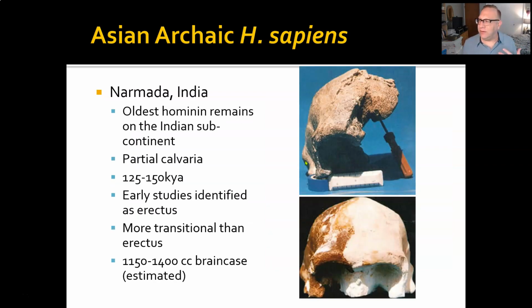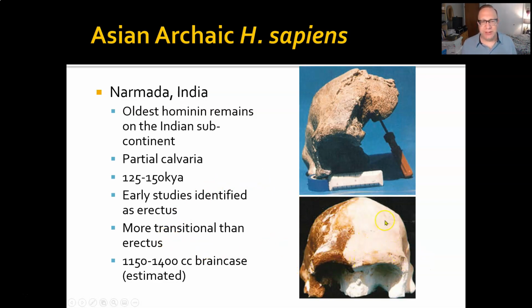India is the other place, particularly Narmada. We just have a partial calvaria, as you can see here. The top is the actual fossil, the bottom is a reconstruction. The white parts are the reconstruction, and the brown parts represent the actual fossil. It was first identified as Homo erectus, but it has a lot more transitional features.